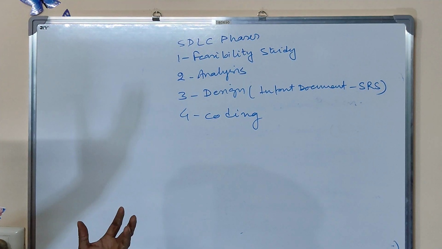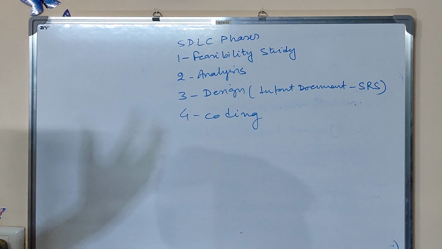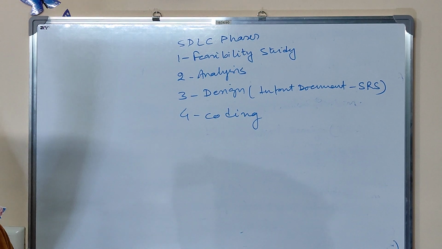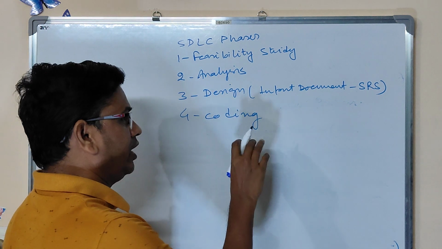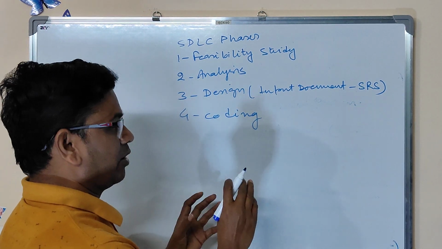So after coding, a number of modules are in the functional state, and those modules are going to be assigned to the QA team for testing purposes. So coding is fully related with development.